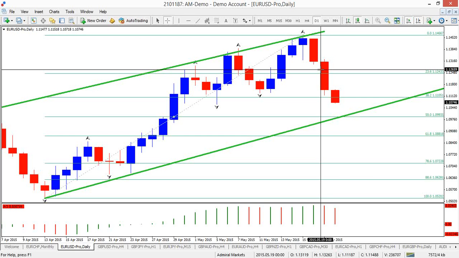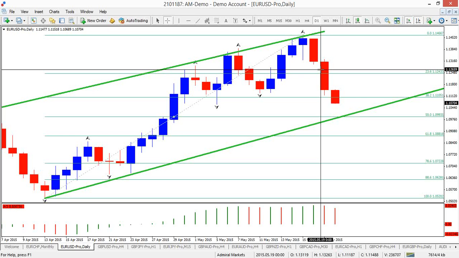So if 112.50 breaks, the next support level, as we discussed, was 111, and after that 110. Now we're breaking through 111, so it looks like the next halting spot will be 110. So it looks like we have some 70 pips left or so before we reach that level, and after that I would expect a potentially more serious bounce.